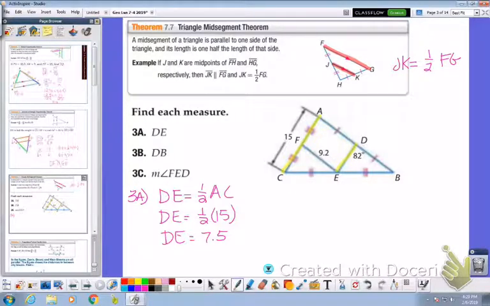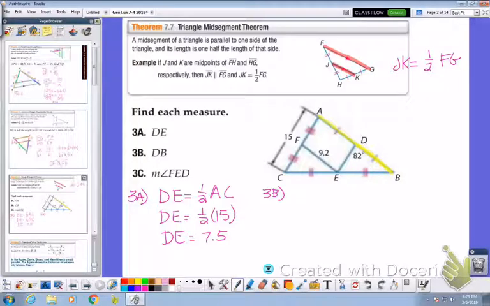Okay. In 3B, we're going to find DB. So, erase this. Now we're looking at DB. DB is part of the side of the triangle. So instead of just using DB, I'm going to use the whole length of AB.